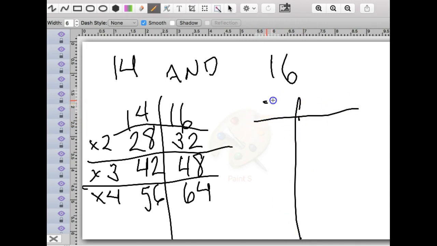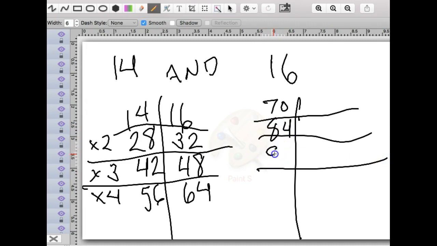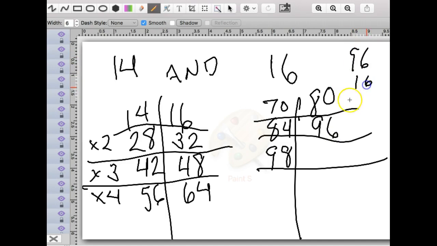14 times 5 is 70, or adding, this is 84, 98, right? 64, add 16 would be 80, 96, right? 96 plus 16 is 112, right?